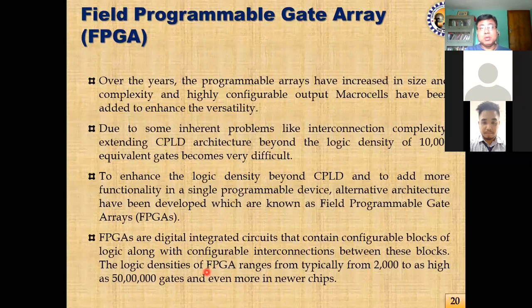That means, in order to implement a Boolean function or an application, the maximum number of equivalent NAND gates required is called the logic requirement. So a small FPGA can house as few as 2000 NAND gates and as many as 50,000 gates. But this data is also relatively older. Newer FPGA chips offer a huge amount of such logic density.